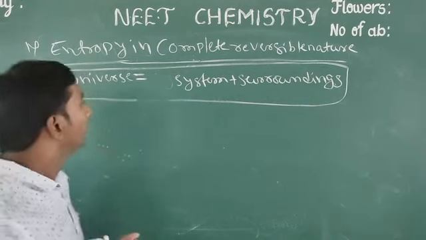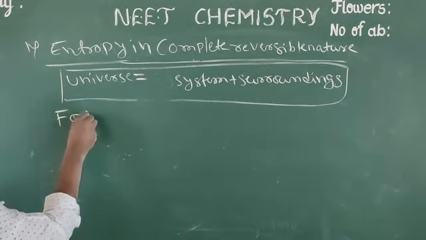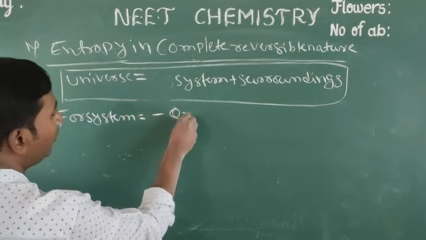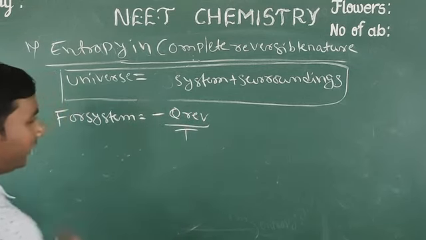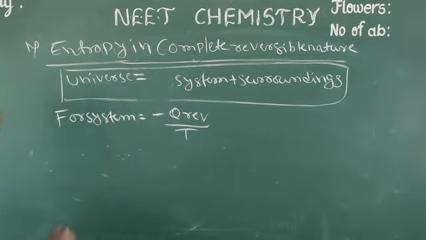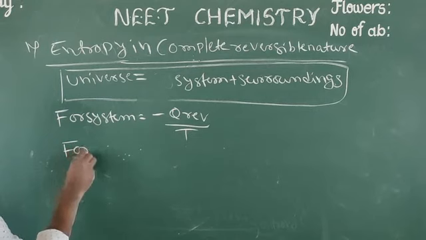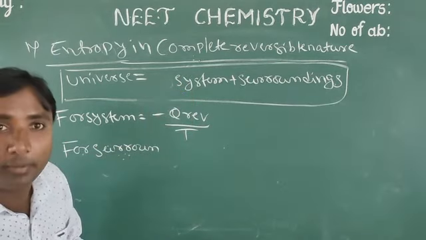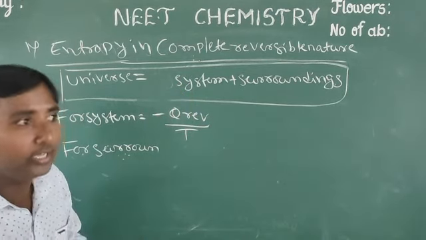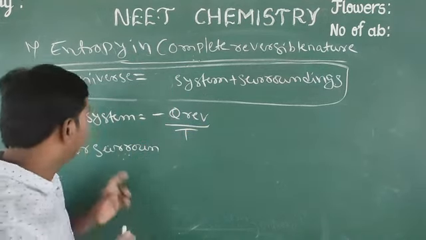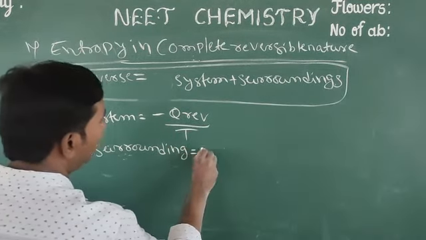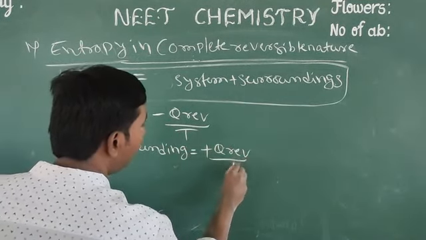For the system, it is minus Q reversible by T. Heat energy is released from system to surrounding, so the system gets a negative heat energy and the surrounding accepts heat energy. That's why for the surrounding it is plus Q reversible by T.